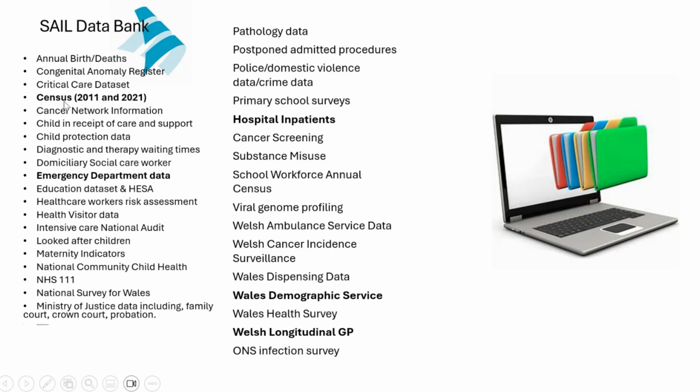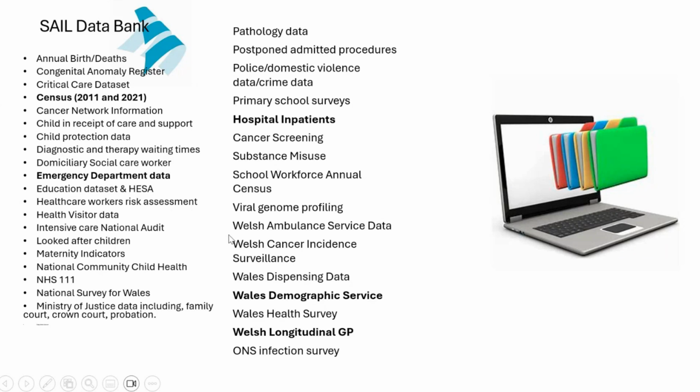With that, we have, for example, the census for 2011 and 2021 that can be linked to all the other data sets. So we've got good demographics on the people living in Wales, and that can be linked, for example, with the GP data and the hospital inpatients.